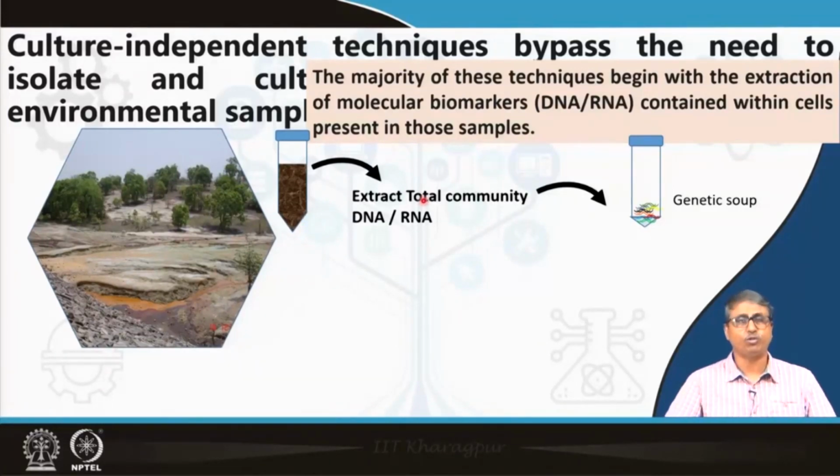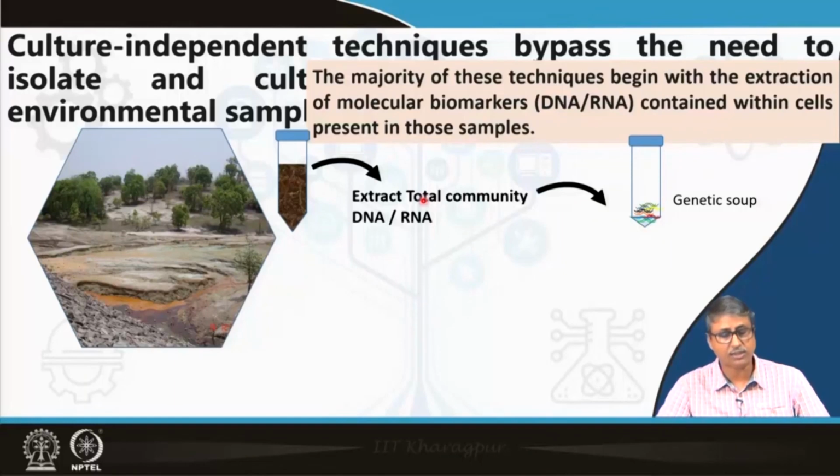We have very well optimized protocols through which we can extract the DNA or the RNA, that is again the total DNA or the community DNA as we call it, from the sample. It is expected that these protocols will allow us to get the DNA and RNA from all cells. Sometimes we need to modify the protocols if our environmental samples are of any particular category or type.